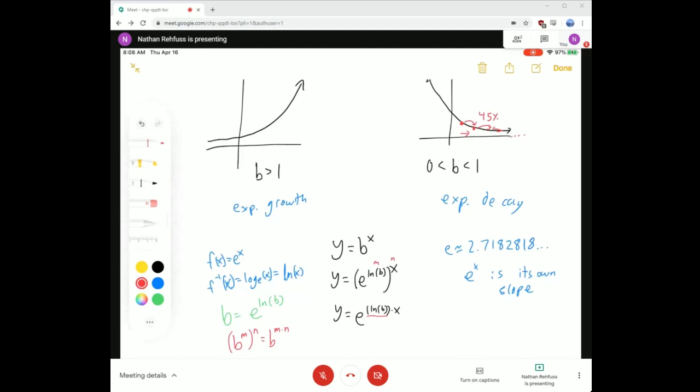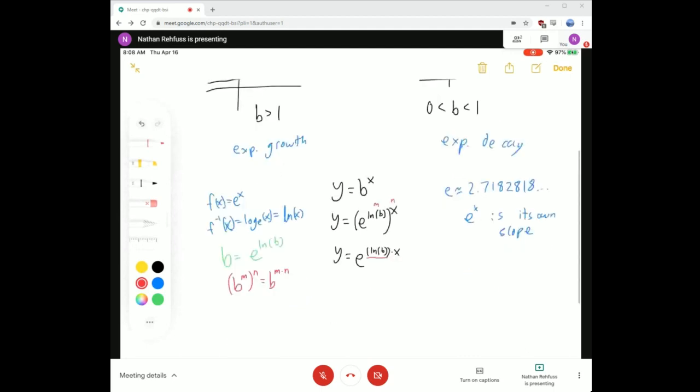If we think back to section 3.5, what this multiplier in the exponent does is a horizontal stretch or shrink, and possibly a mirror. It'll be a mirror if the natural log of b is negative.